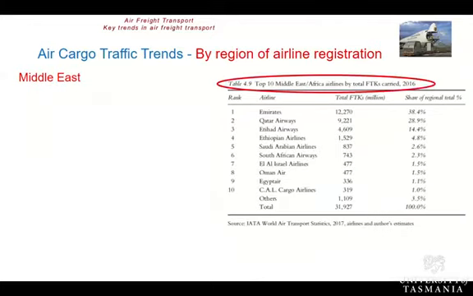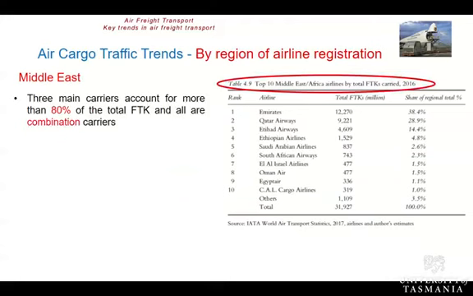A quick look at the Middle East. What that shows us is that 80% of the volumes in the Middle East can be attributed to 3 airlines. Those airlines are Emirates, Qatar and Etihad. So 80%, another characteristic of that particular region, they're all combination carriers, so they all utilise freighters in their fleet.